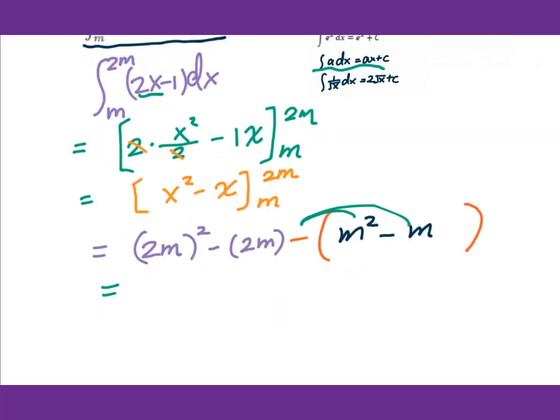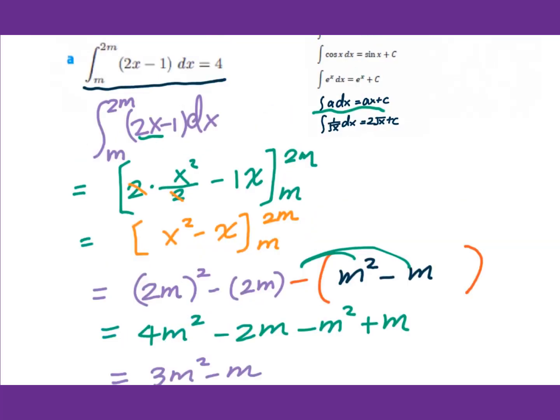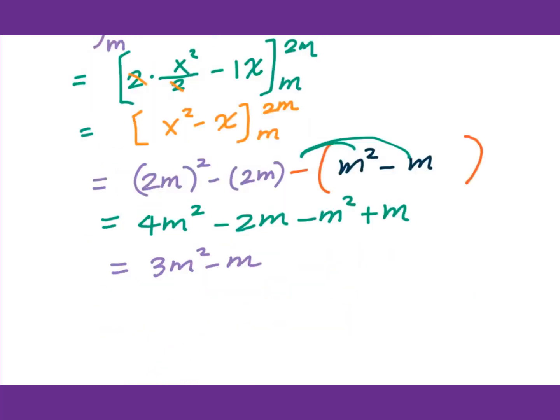So we have 4m squared minus 2m minus m squared plus m. We combine like terms, you will get 3m squared minus m. According to this given information, we know that equals 4. So we set up this equal to 4.